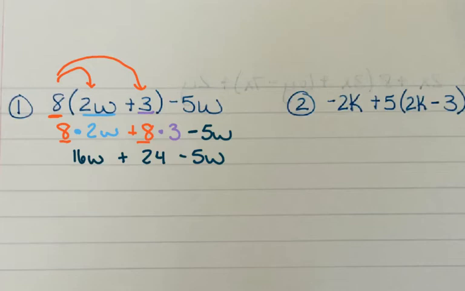Now I need to move to step 2, which is combine my like terms. I need to see if I have like terms, and in this case, I do. I have 16w is a like term with negative 5w. Remember to include the sign in front.